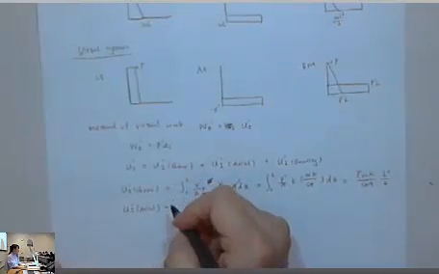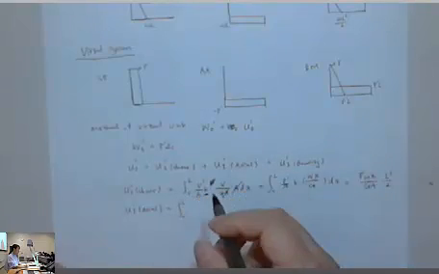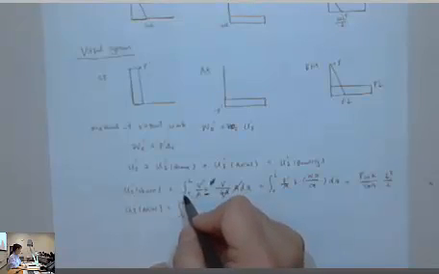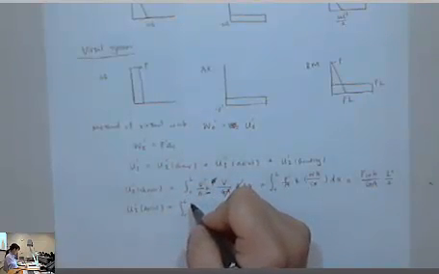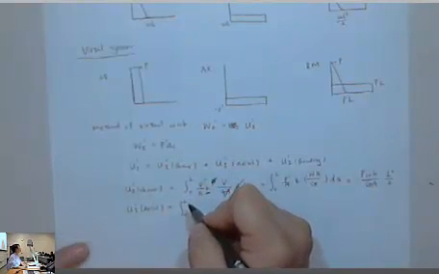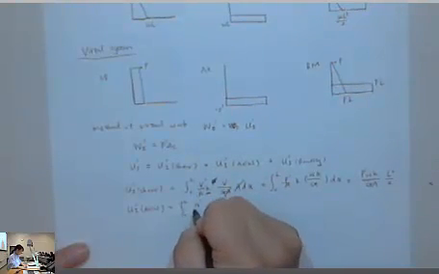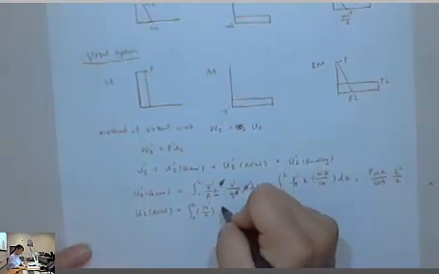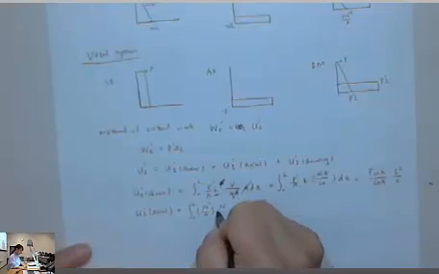Now what would be the actual part? Of course, it will be integral from 0 to L. What's inside? The virtual stress. Yes. What will be the virtual stress? M prime over A times the real strain.